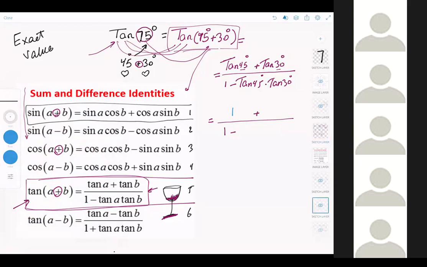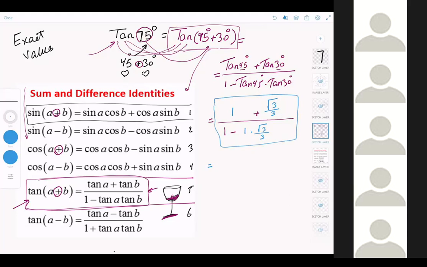Radical 3 over 3. Very good. We have 1 multiplied by radical 3 over 3. So we get rid of all the trigonometry because we're dealing with algebra now.